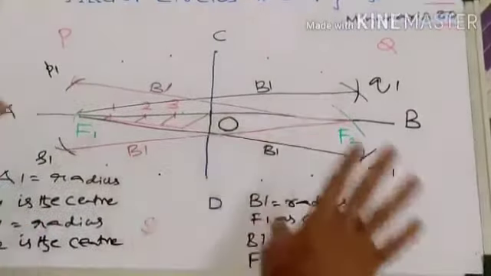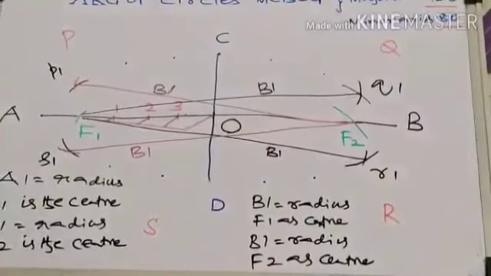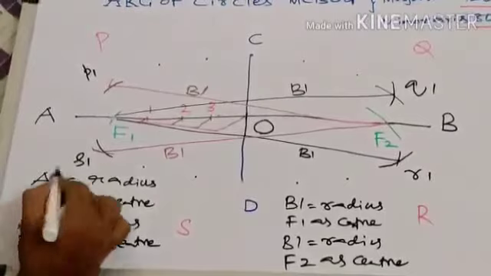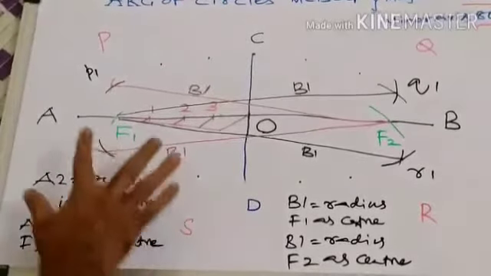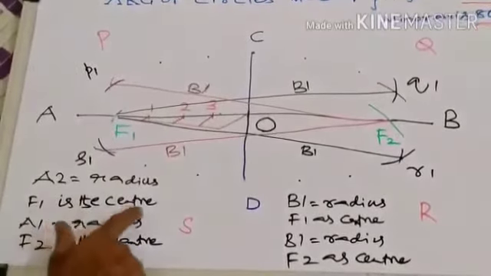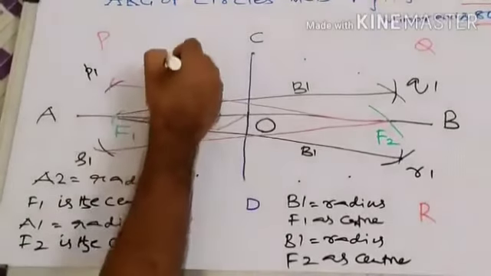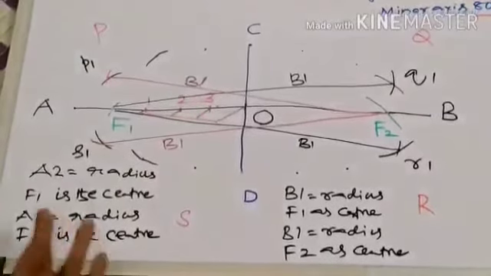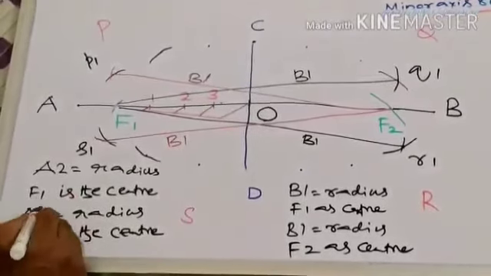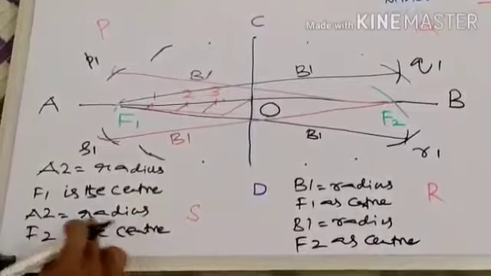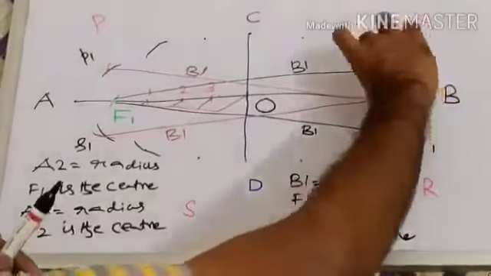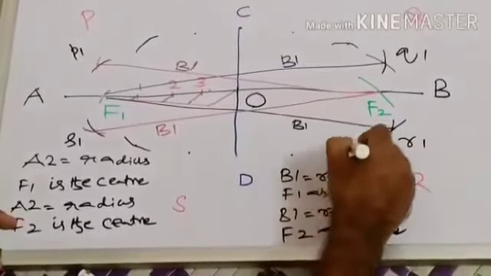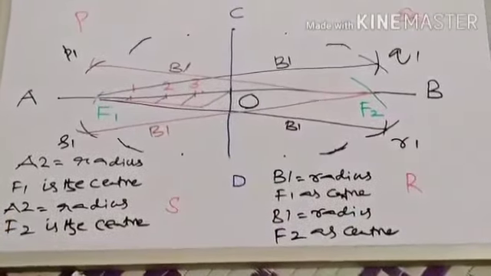After getting all these points, the next step: A2 is going to be the radius, F1 is the center, 2 arcs. Again, A2 is the radius, F2 is the center, 2 arcs, above the major axis and below the major axis.